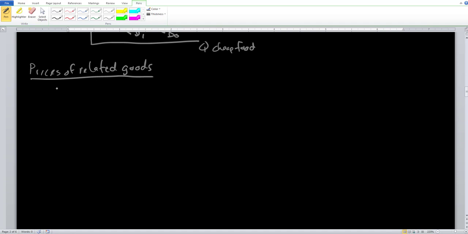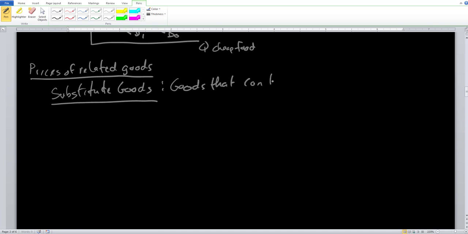So let's take a look at first at the substitute goods. Like the name implies, substitute goods are just goods that can be used in place of one another.